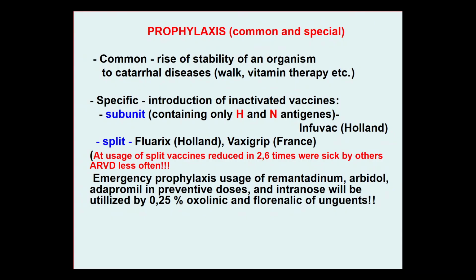Prophylaxis, common and special. Common: rise of stability of organism to catarrhal diseases, vitamin therapy. Specific: introduction of inactivated vaccines, subunit containing only H and N antigen, Influvac, for example, or split like Fluarix and Vaxigrip. Wherever you are, you may use any vaccine, Russian, Indian, Holland, France, just vaccinate.